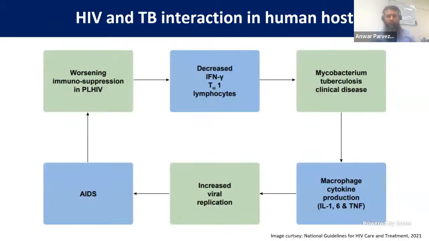This is just to explain further about the interaction. We know that in HIV, immunity declines, and there is severe immune suppression if people are not started on ART. CD4 goes down, which represents cell-mediated immunity. With decreased cell-mediated immunity, and with interferon gamma, for example, reduced, this becomes a perfect opportunity for the hidden TB infection to manifest itself as TB disease.